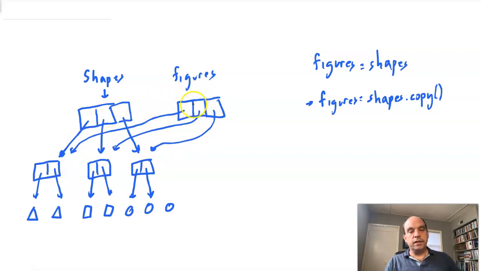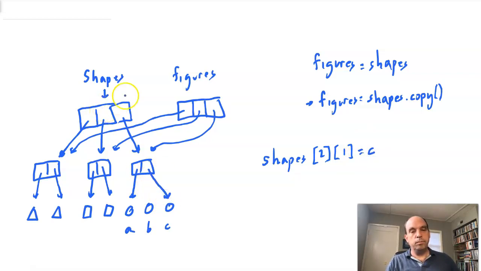Now we have two different list objects, and we could change one of them, but each one is pointing to other list objects. So if we make a change like this, let's call this circle A, B, and C, shapes 2, which refers to this sublist, and then position 1, which refers to this element in the sublist, equals C. So we're going to change this reference to the other circle.